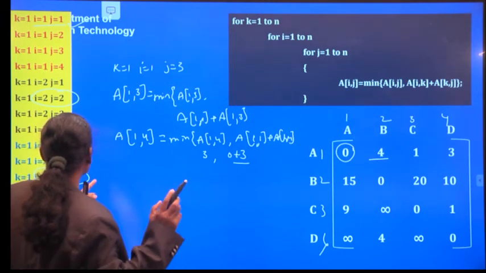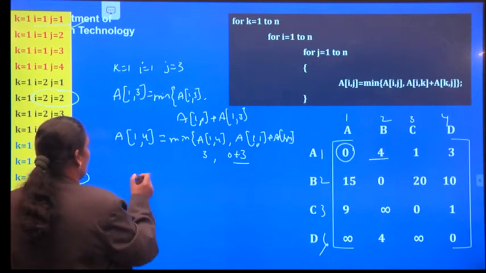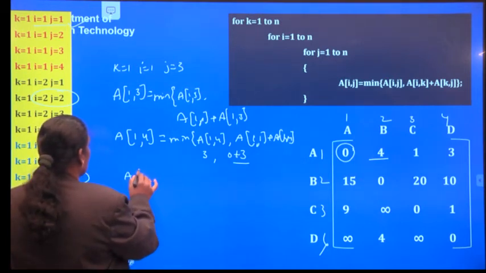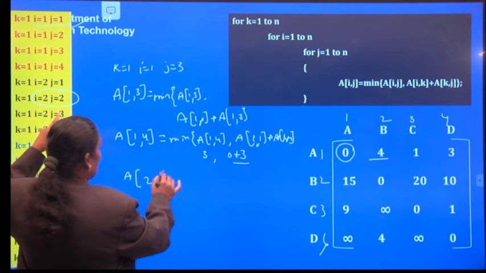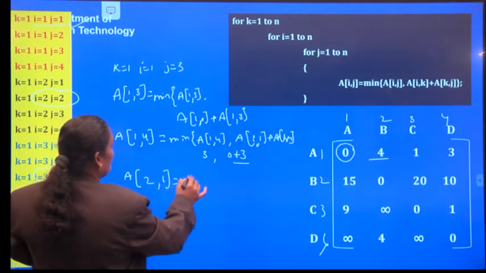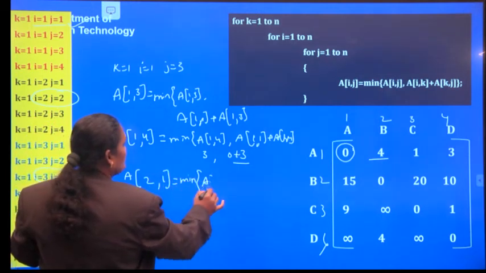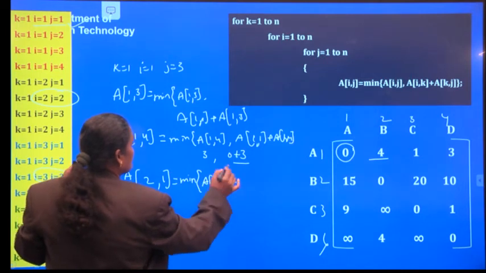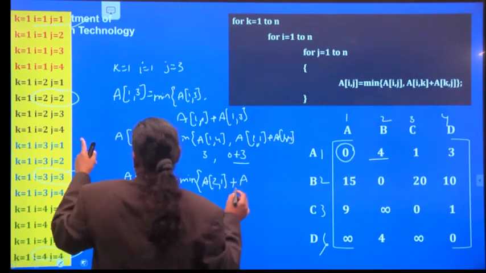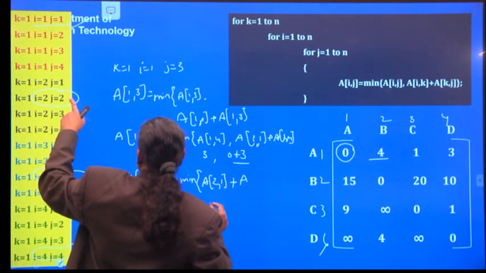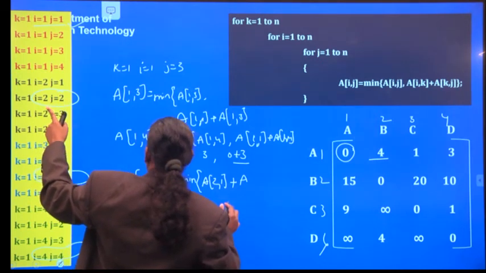K is equal to 1, i is equal to 2, j is equal to 1. That is Aij, i is 2, j is 1, A21, which is equal to minimum of A21 plus Aik. So here i is 2, k is 1.